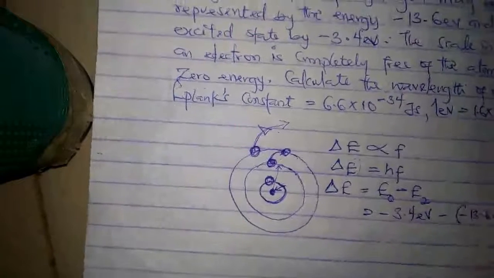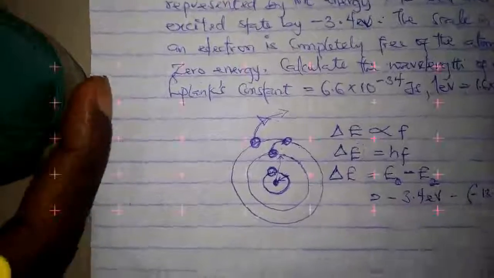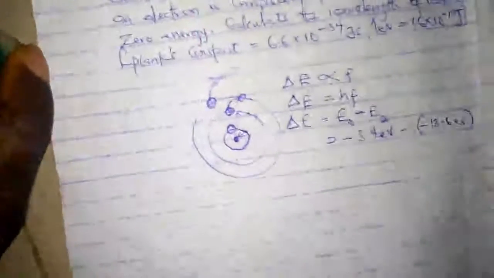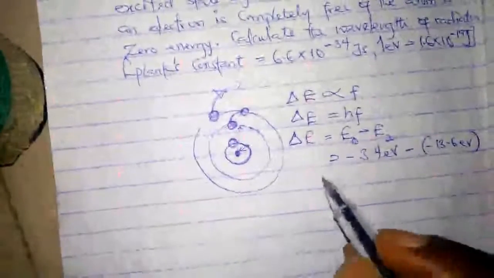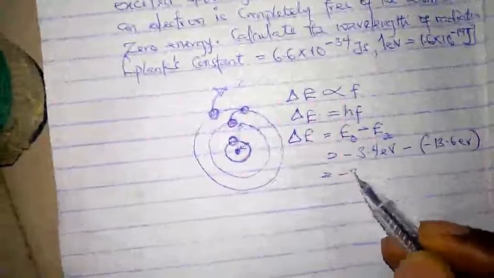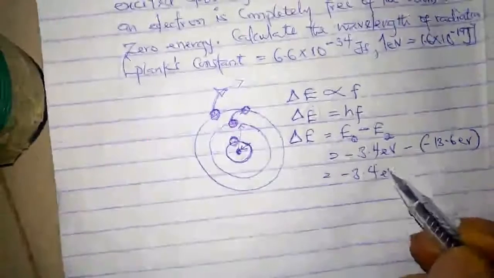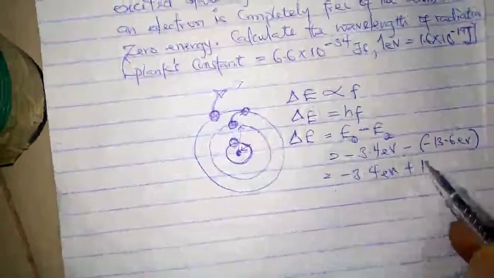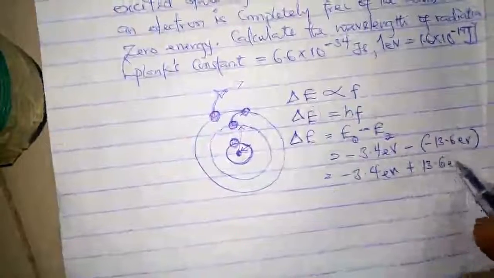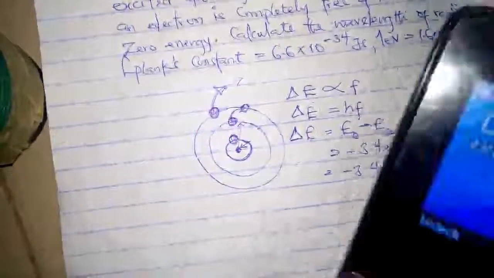After subtracting, we have found the change in energy, which is minus 3.4 electron volts plus 13.6 electron volts.